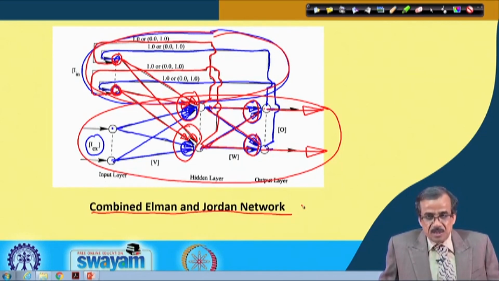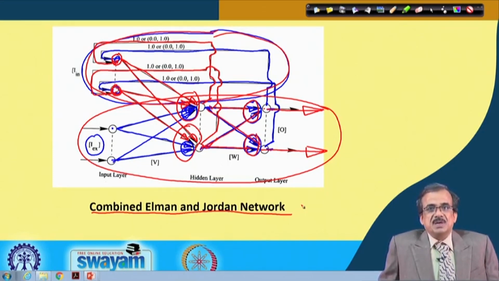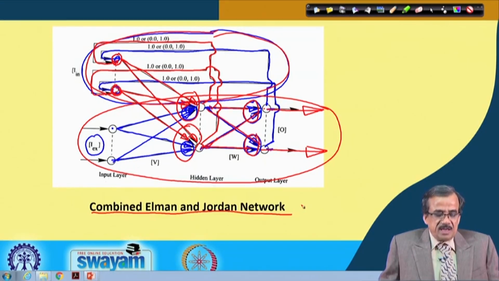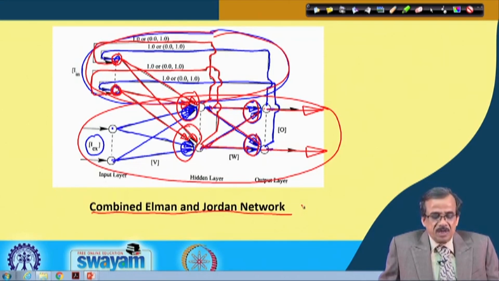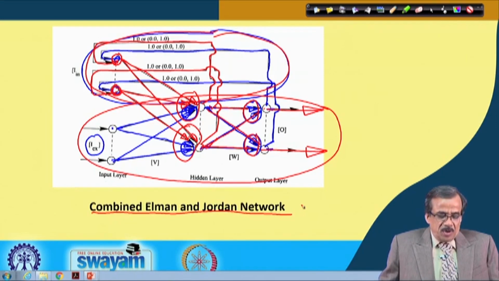Now, if you see the computational complexity of these networks, as it is having both feedback and feed forward circuits, compared to the multi-layered feed forward network, here there will be more computation. So, computationally it could be a little bit more complex.